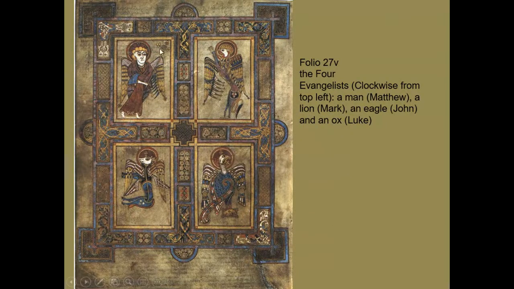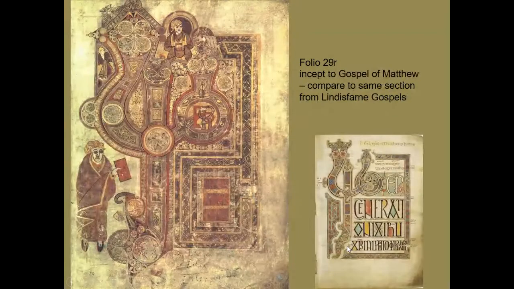You have at the top that sort of angelic figure of the man. Again, that's always Matthew. The lion figure represents Mark. The eagle represents John. And the ox represents Luke. So this is the incipit page, the beginning of the Gospel of Matthew.